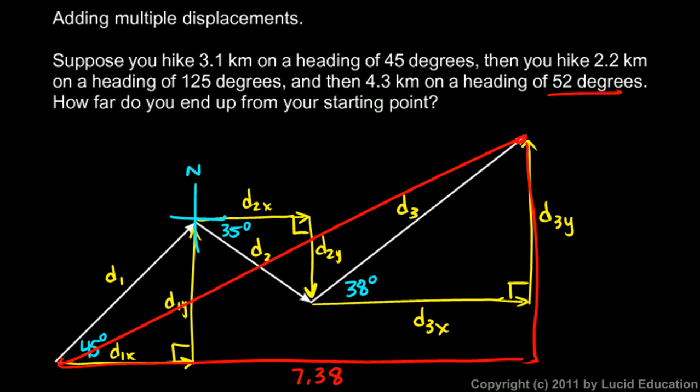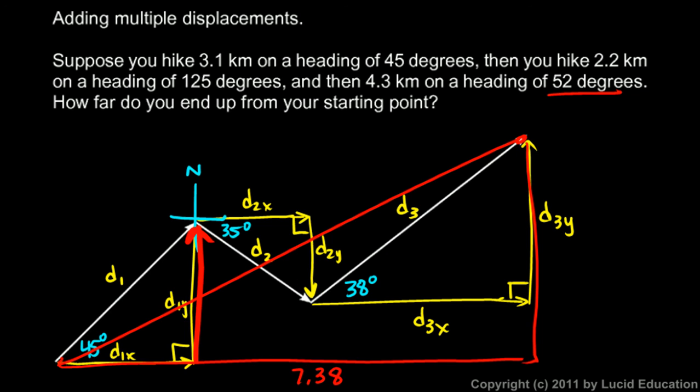So let's write that in. 7.38. Now watch this. The vertical displacement, this piece over here, the total, that's not d3y. Okay, d3y is just this piece of it right there. We want the total right here. It's going to be this far north minus this far south plus this far north again. Again, think of up as positive and down as negative, or think of north as positive and south as negative. We go this far north, that far south, and then this far north.